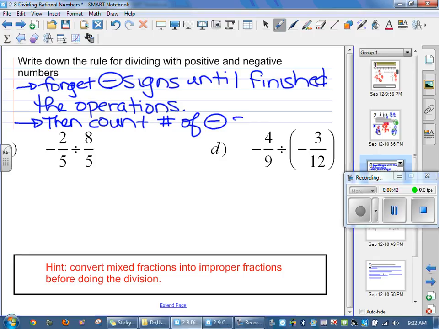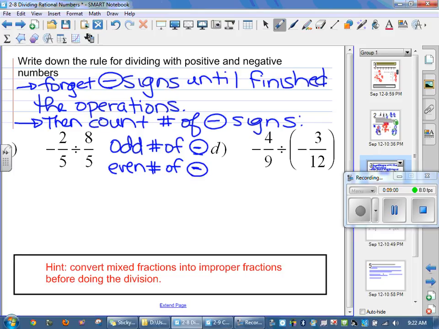And what do we know? If we have an odd number of negative signs, let's put it down here.